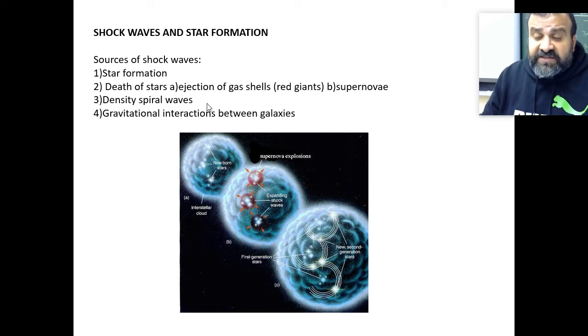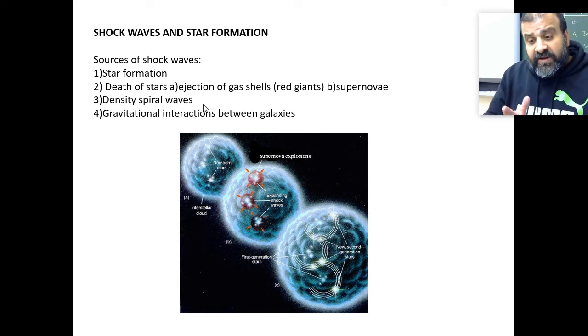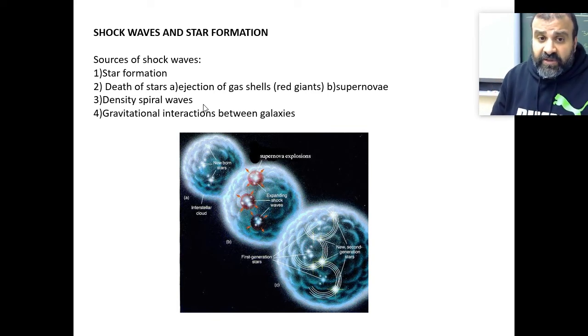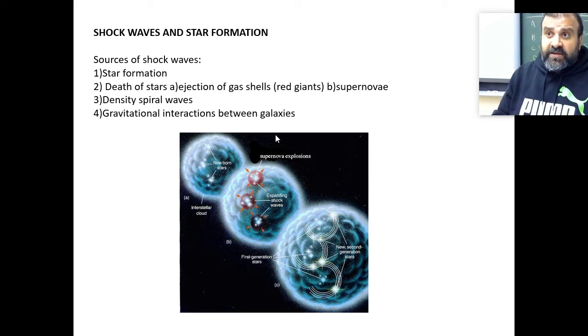Density spiral waves moving through our galaxy compress areas of gas and dust and stars, and that compression can cause clouds to collapse. And there are gravitational interactions between galaxies.